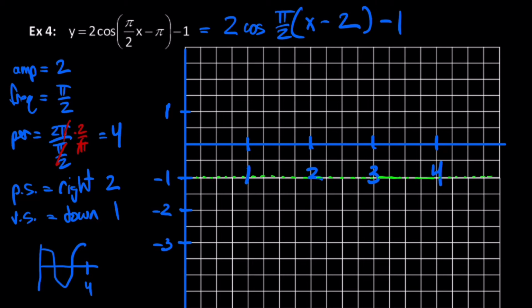And again, it's kind of easy if I just think of one point. I'm just going to think of this maximum right here being shifted right 2. So I take my maximum, which is amplitude is 2, go up 2 from the midline right here, move it right 2. So this point here gets shifted to that point there.